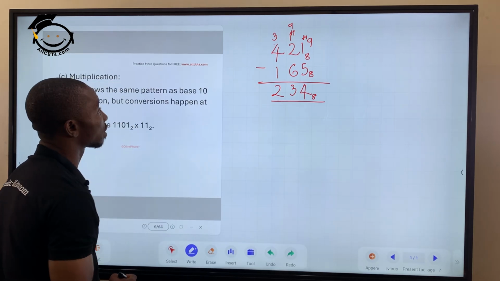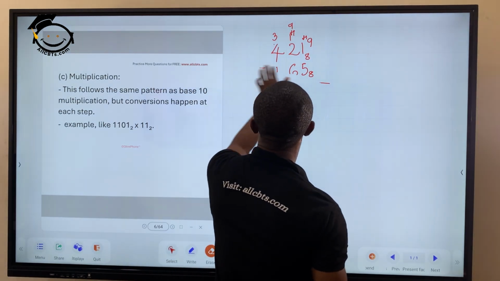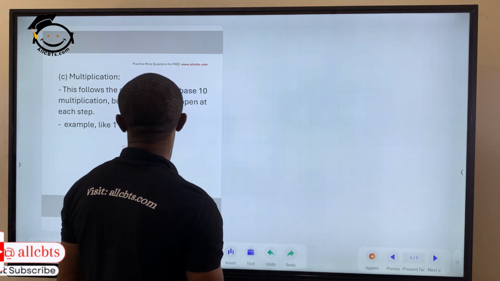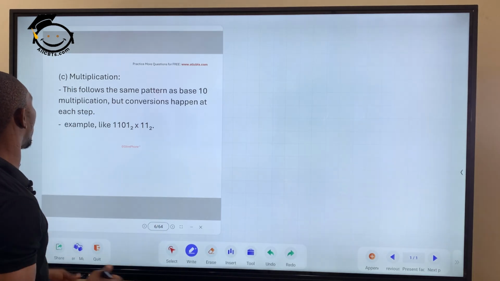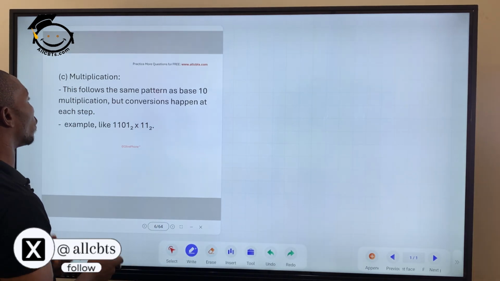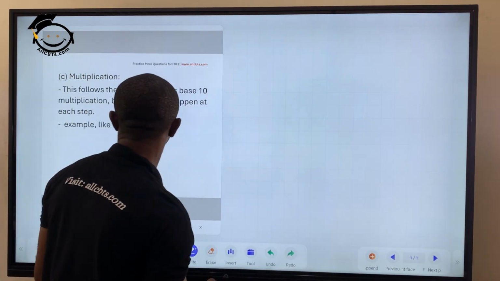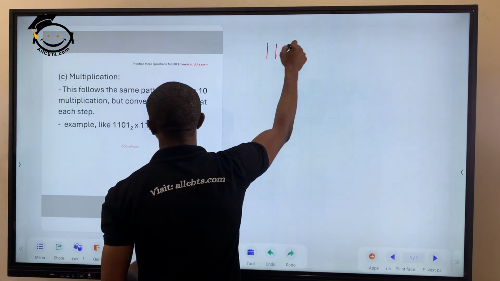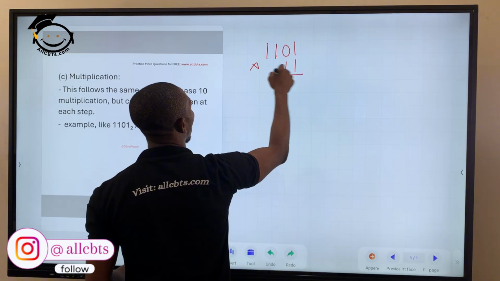Next, we'll be looking at multiplication. Now, multiplication follows the same pattern as base 10 multiplication, but conversions happen at each step. Example, we have 1101 times 11, all in base 2.